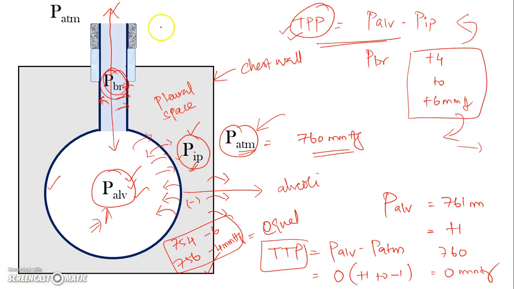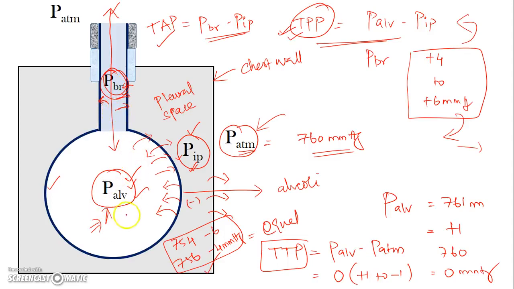There is another term called the trans-airway pressure, which is the pressure difference between the pressure in the bronchus, the airways, PBR, minus the pressure in the pleural space, the intrapleural pressure. Like the transpulmonary pressure, which can be regarded as keeping the alveoli open, this trans-airway pressure keeps the smaller airways open.